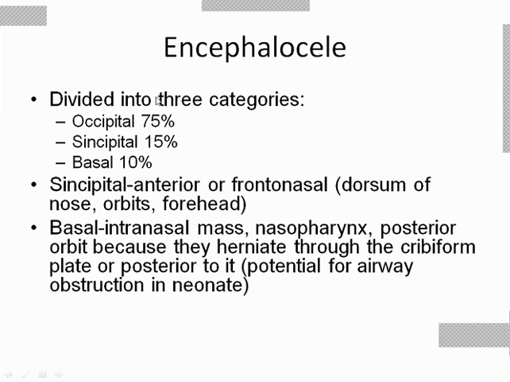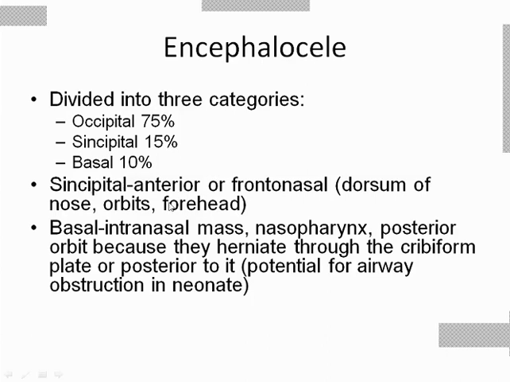Sincipital, that is in the front of the head, and then basal, that is into the nasal cavity or into the nasopharynx. Both occipital and sincipital encephaloceles usually come externally, whereas basal means they will be in the nasal cavity or the nasopharynx.